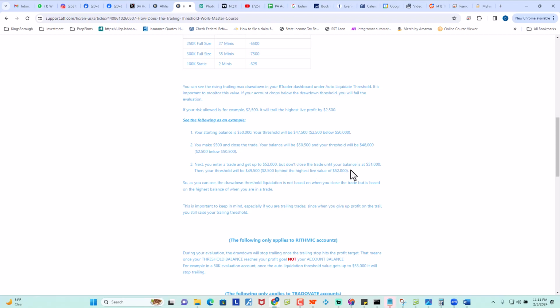So therefore, as you can see, let's look at it. What happened now? Instead of having a $2,500 threshold, now your threshold is about 1,500 bucks, because you did not close the trade when you were at the highest point, and the threshold already had moved when you were at the highest point and stayed there.